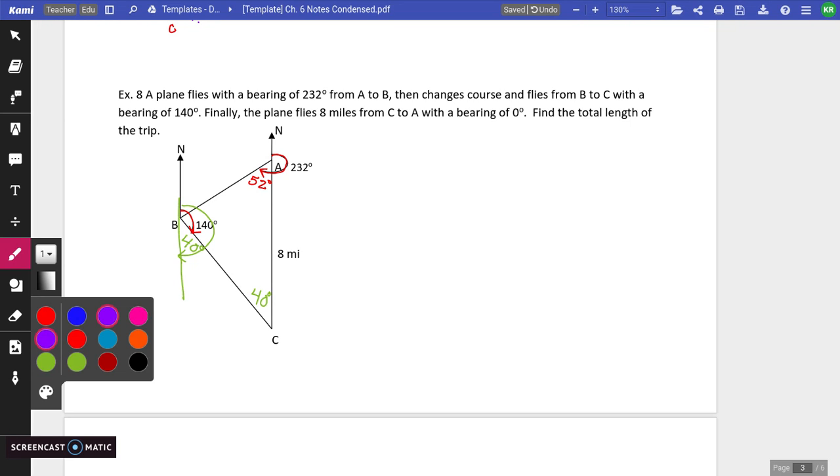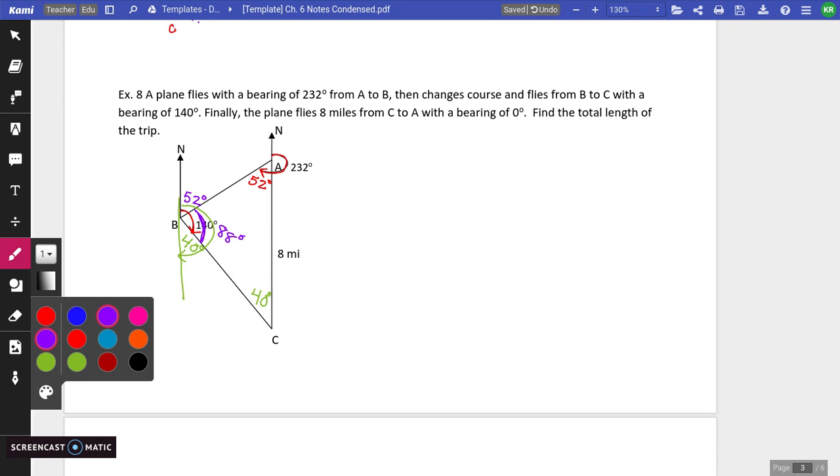I can subtract from 180, and this portion of the angle is going to be 88 degrees. Okay, which means this portion is 52 degrees. So we have that split up into 3 angles.